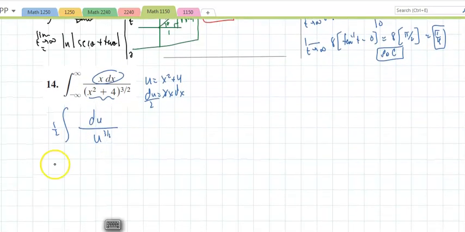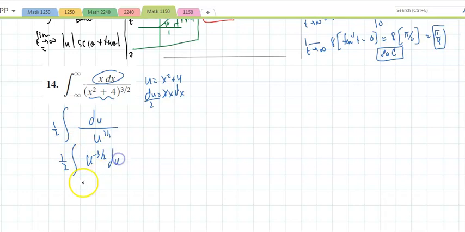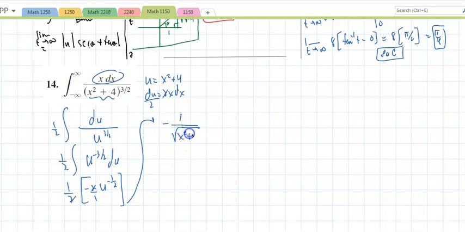And this is 1/2 the integral of u to the negative 3/2 du. That is 1/2 times u to the negative 1/2 over negative 1/2. That's going to be negative 1 over the square root of u, which is x squared plus 4.